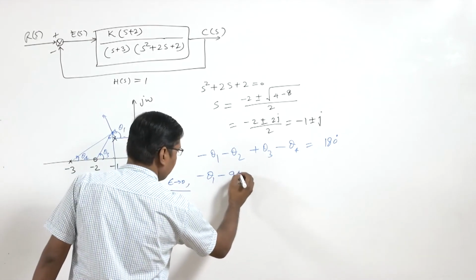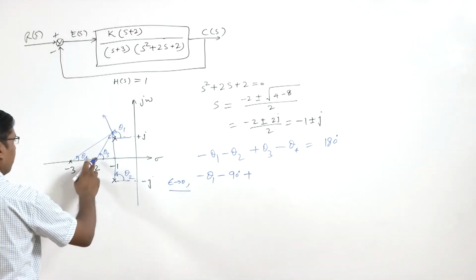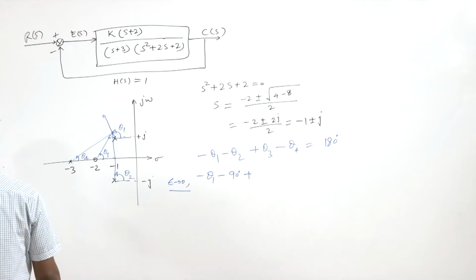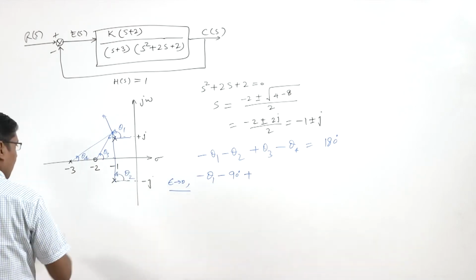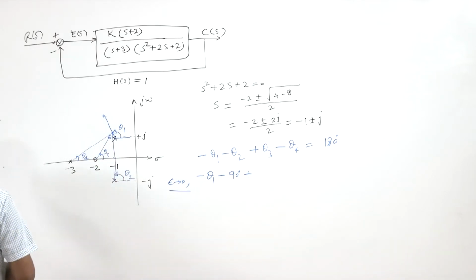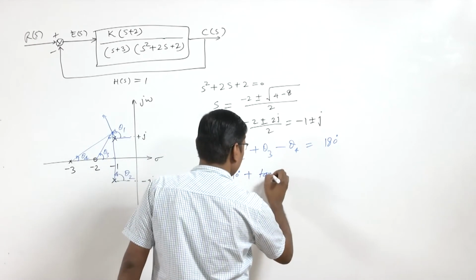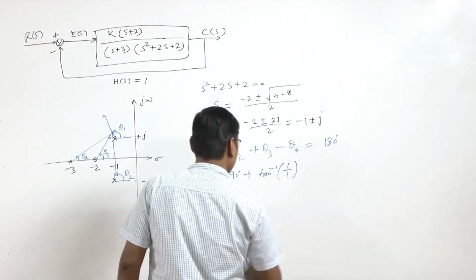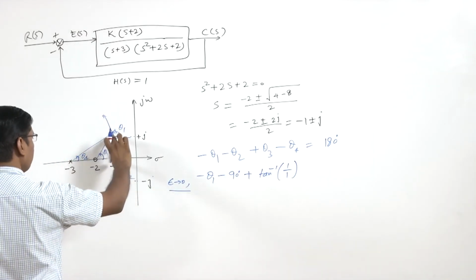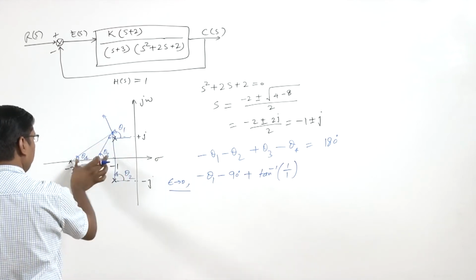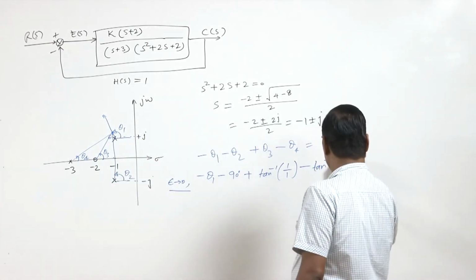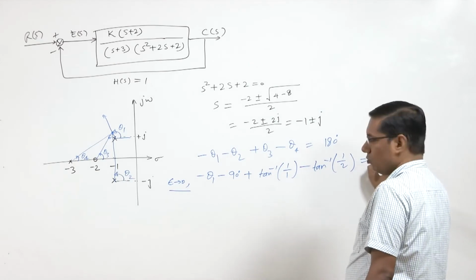So this is 90 degree plus theta 3, where theta 3 is tan inverse 1 by 1, and minus theta 4 will be tan inverse 1 by 2, and that is equal to 180 degree.